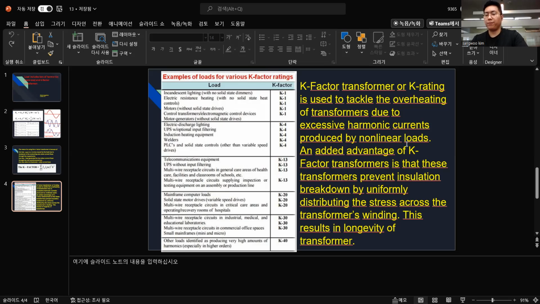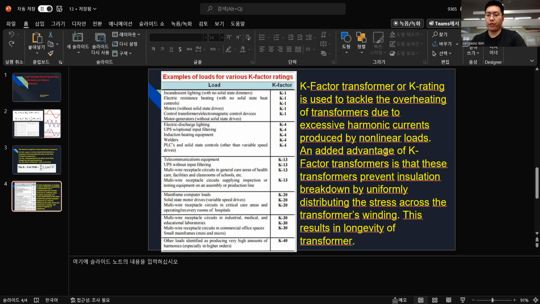Nonlinear load means, as I said, most loads nowadays, like semiconductors, inverters, motors, everything nowadays, and even LEDs. Because of that, iron loss happens, right? And why do we use the K factor?